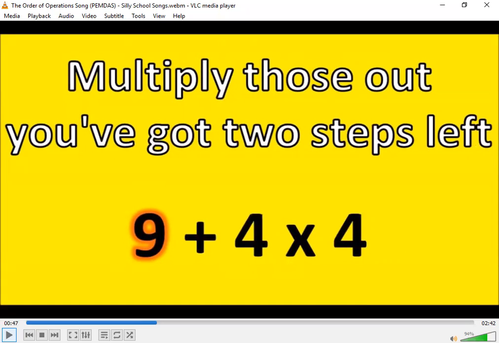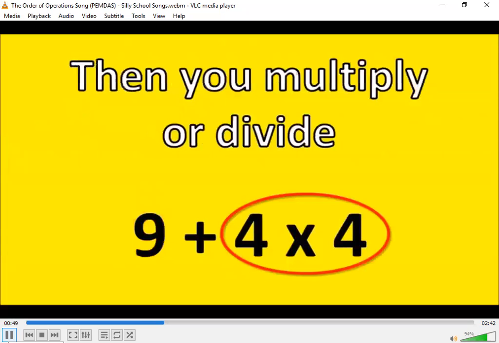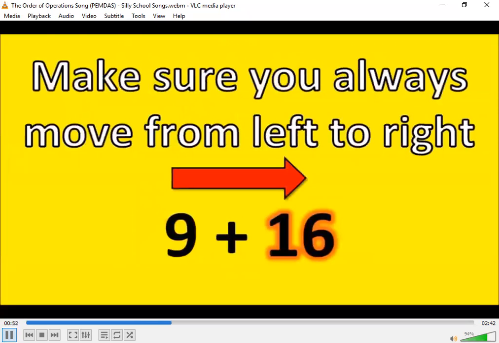Then we will simplify 4 times 4. Step 3, 4 times 4. Then you will multiply or divide, but here we have multiply, so we have to work with it. So in this question, we have 9 plus 16. So I have only one operation in this question, which means we have 25. So the answer will be equal to 25.